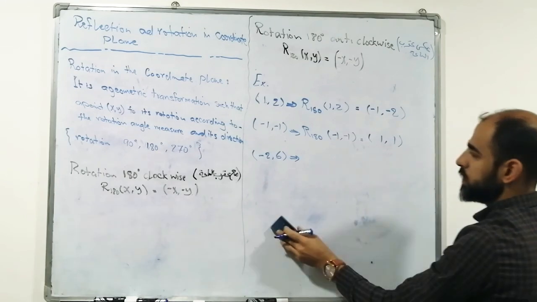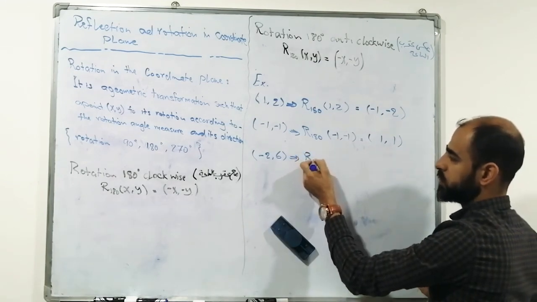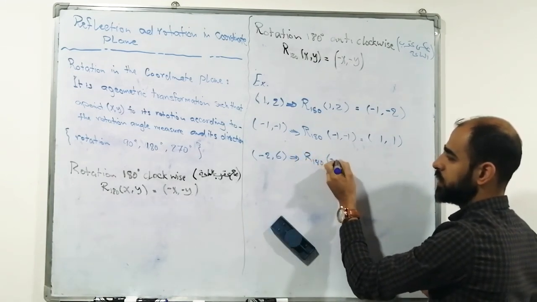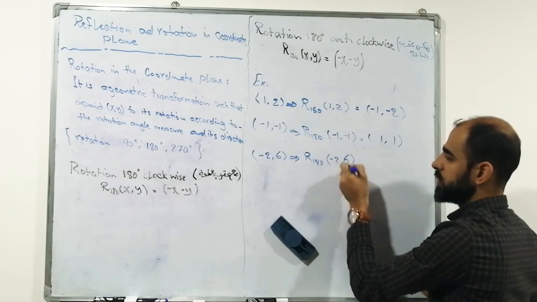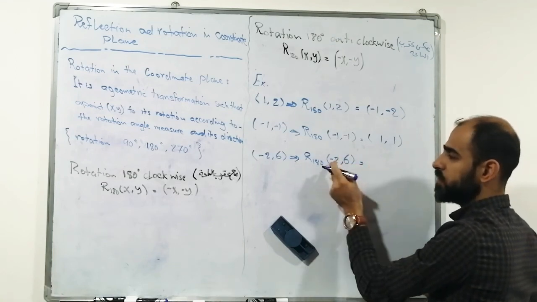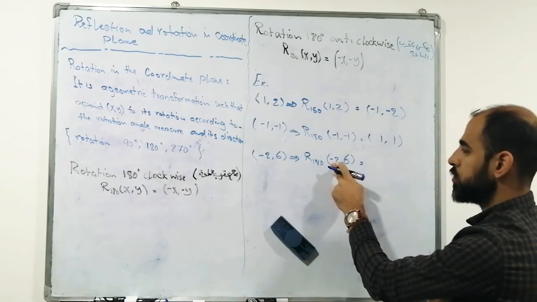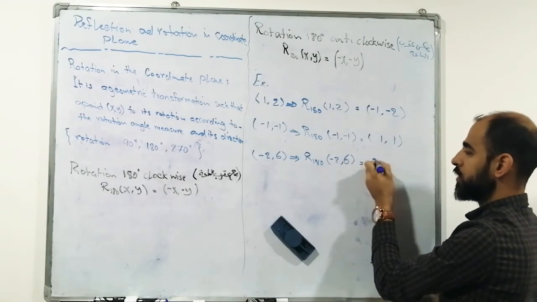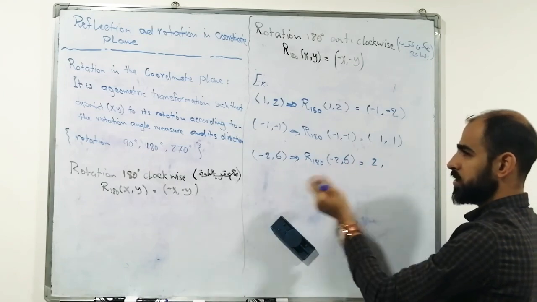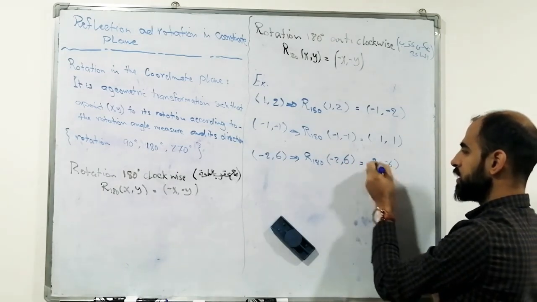The point A is minus 2, 6. Find its rotation 180 clockwise. We have to change the sign of the two parts. So minus 2, when we change its sign, will become 2, and 6, change its sign, will become minus 6.